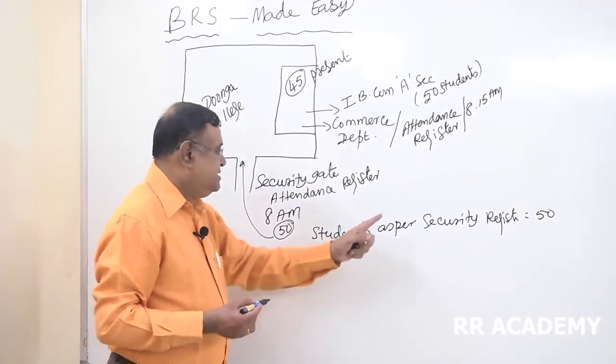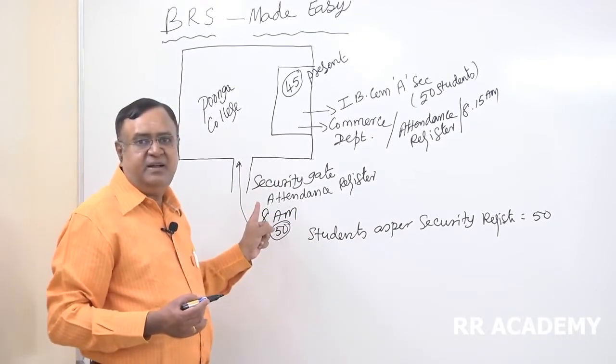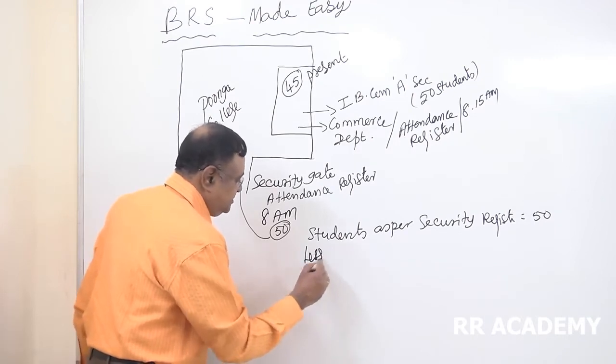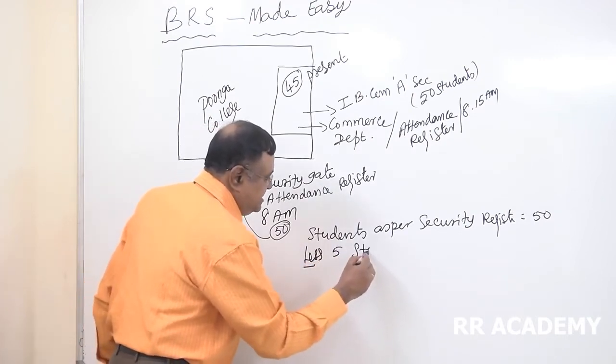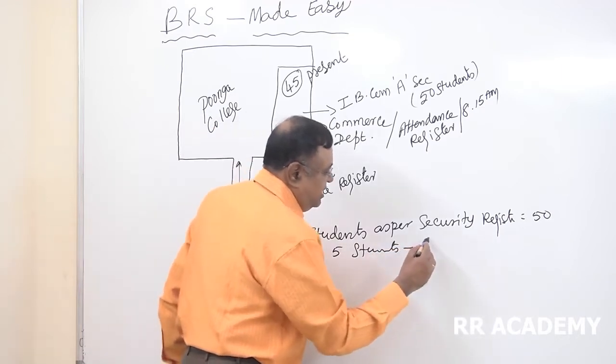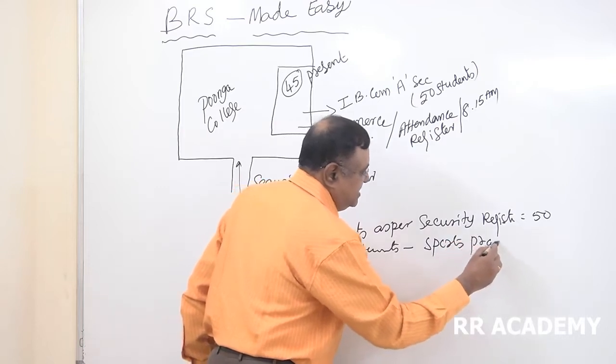So, students as per security register, gate register, 50. Then less, 5 students gone for sports practice.